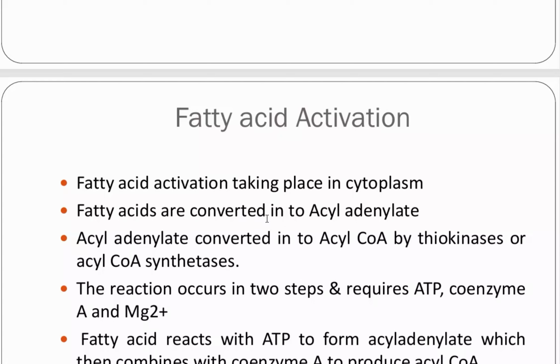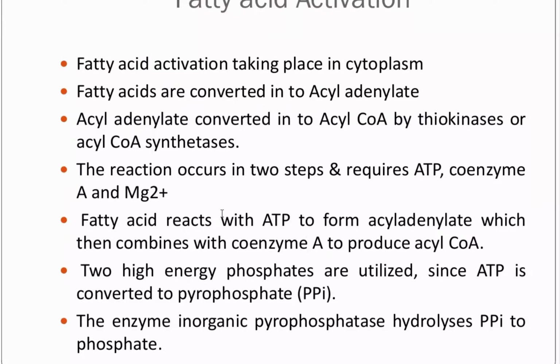Fatty acids are converted into acyl adenylate, and this acyl adenylate is converted to form Acyl-CoA by the enzyme thiokinase or Acyl-CoA synthetase. The reaction occurs in two steps and requires ATP, coenzyme A and also magnesium ions.